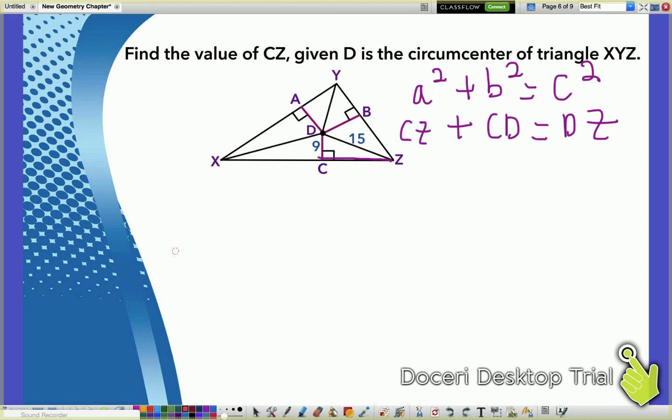So let's just fill in. I don't know what that is. I'm looking for that. CD is 9. DZ is 15. Give you a second to do that.